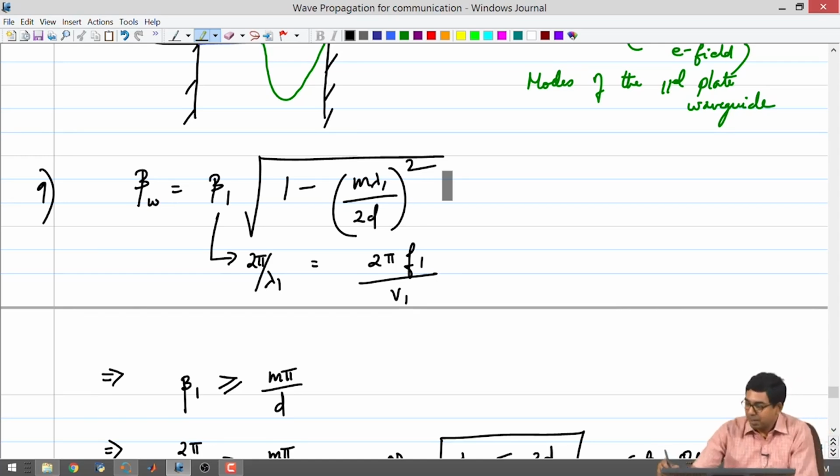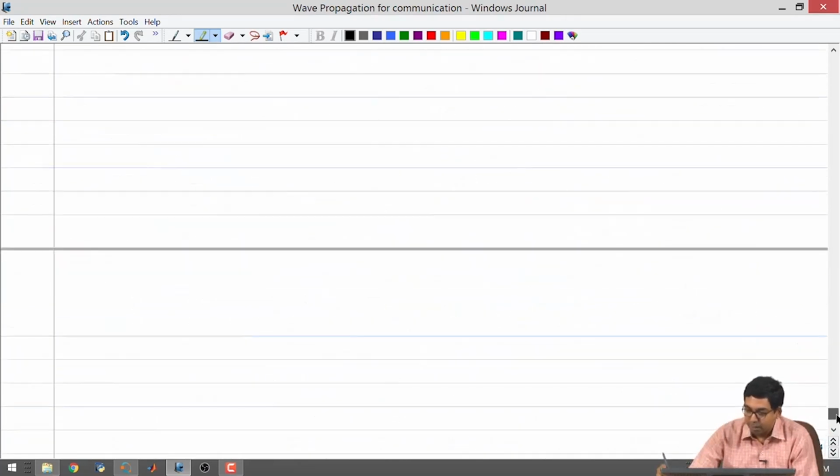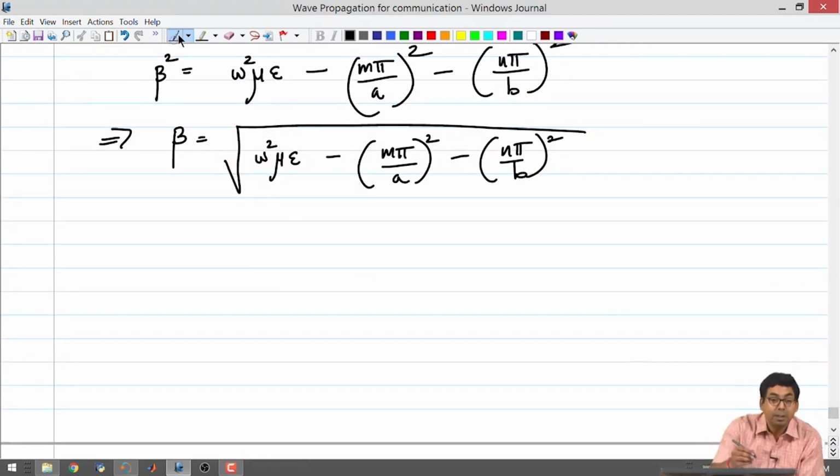Similarly, I am having a square root coming into the picture here also, and I am having the general solution for Ez to be having e to the minus j beta z, which means beta again has to be real, which means that this square root should be of a positive number. I cannot have a negative number over there.